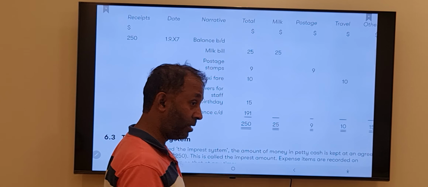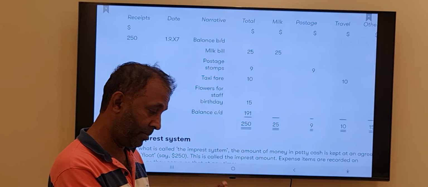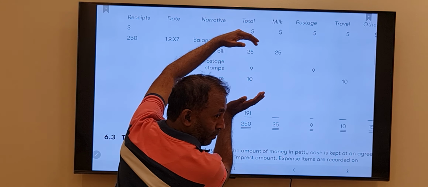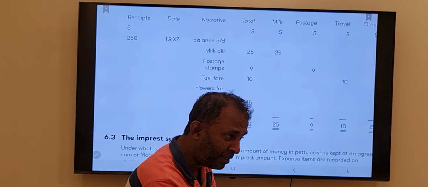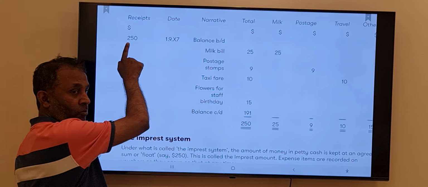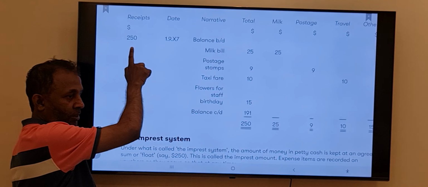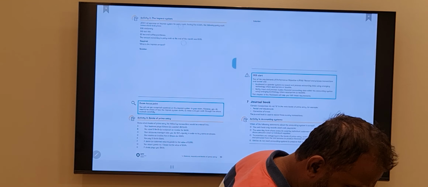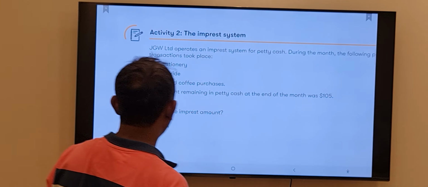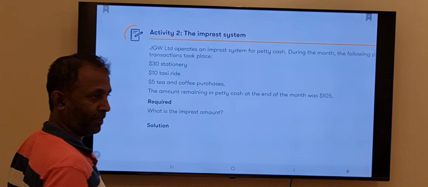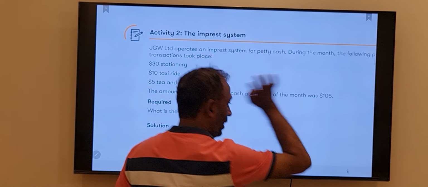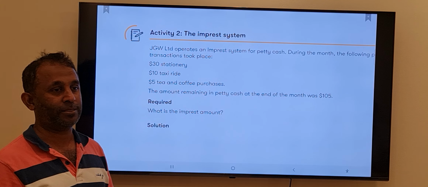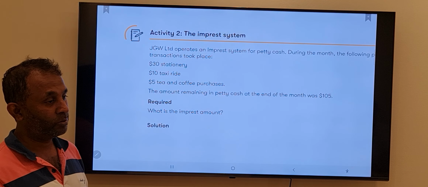So the equation is like this: balance cash and the total of the expenditure should always be equal to 250. So in the next question, they don't give you that 250. What they are saying is, you have this many expenses and you have this balance. Now the question is, how much is your imprest amount? What must you do?